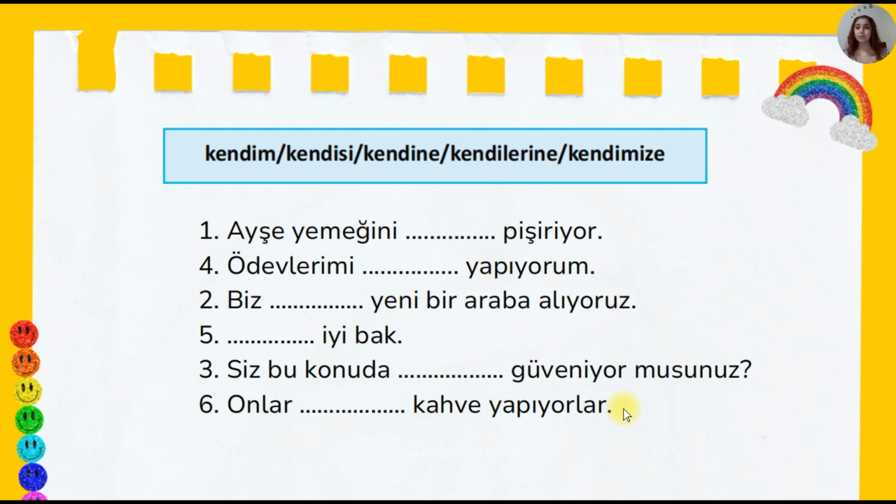What I mean, firstly kendi, after that possessive to complete the reflexive part. After that, if you need some other case, a, da, de, dan, den comes at the end. Okay. And I want you to stop the video and try to do the exercise by yourself. Kendin yap. After that, I will give the answers in 5 seconds.